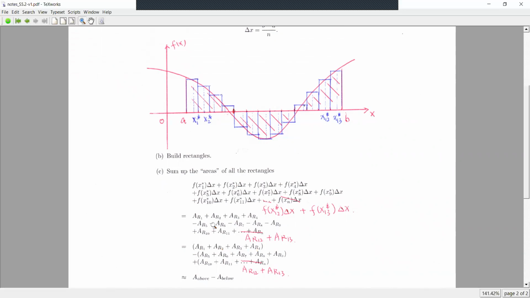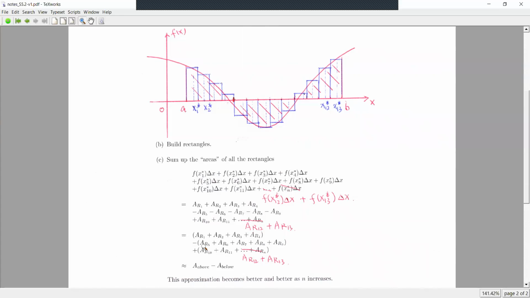And similarly, the sum of the areas of rectangles 10, 11, 12, and 13, these 4 rectangles, is an approximation to the area of this region. This region also lies above the x-axis. Now, this region plus this region is the total region that lies above the x-axis.